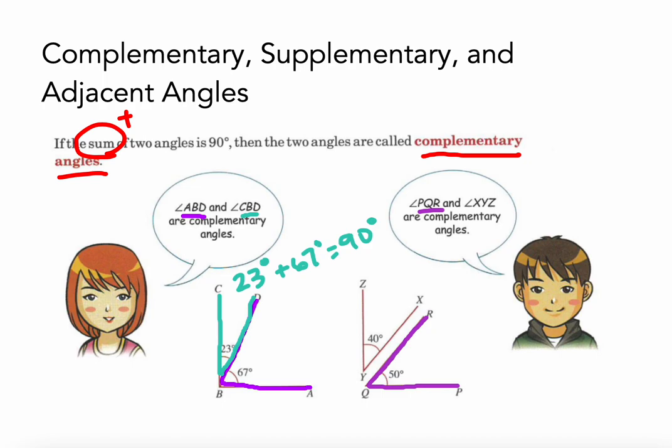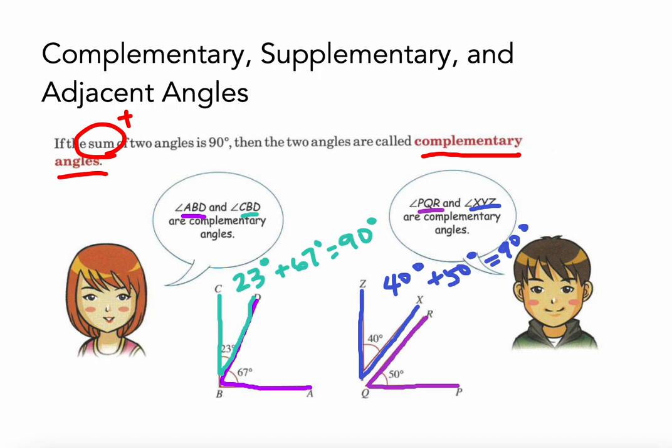And angle XYZ, put it in this blue. Those two are complementary angles because one is 40 degrees and the other is 50 degrees. They are going to add up to 90 degrees. So they're complementary angles.